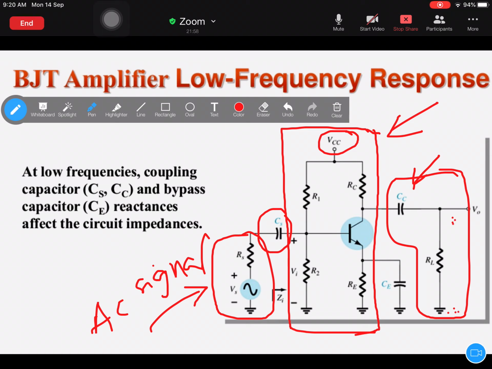This is also an AC wave. The AC wave here, whatever the magnitude, will be amplified at the output end by using the DC biasing present here. This DC biasing circuit will act like an amplifier which amplifies this signal to this wave. You can see that the magnitude of the input wave will be increased at the output end.